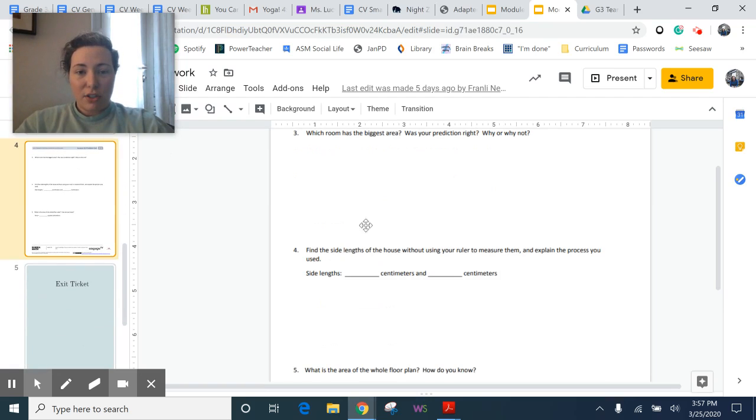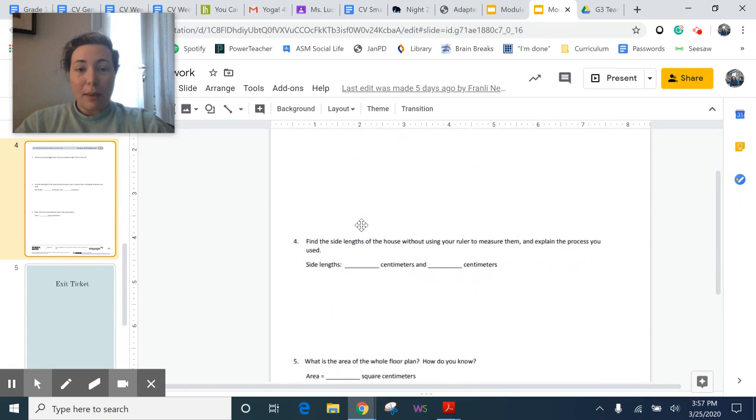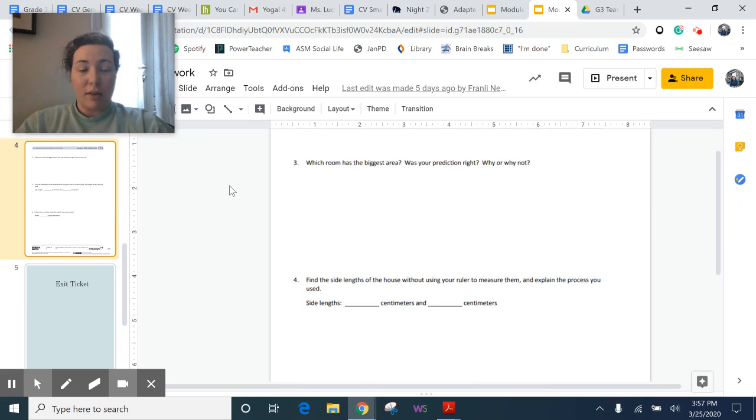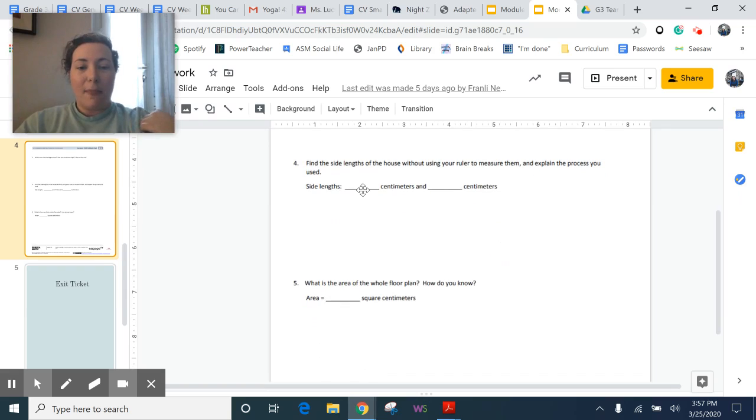Then on the next page, it asks you which room has the biggest area. Was your prediction right? So it's referring back to that first one that you did, and then why or why not. That's very important. Don't leave out those explanations because it really helps your teacher understand your thinking. Then you're going to find the side lengths of the house. You don't need to use your ruler because we gave you the measurements, and then explain the process you use.